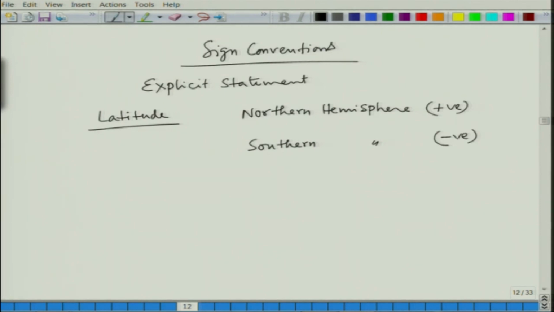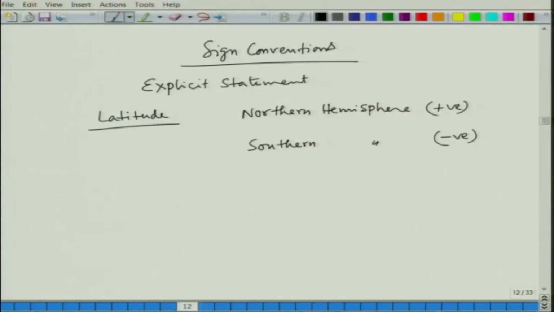This is just because the humanity, the portion of us who live in the northern hemisphere, they actually started looking at these issues. That is why they have taken it to be positive, nothing else. Okay. So, that is how the latitude is designated.